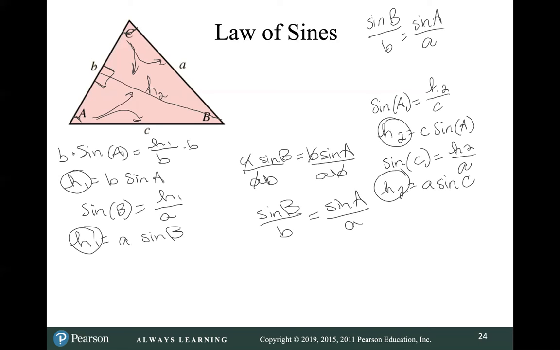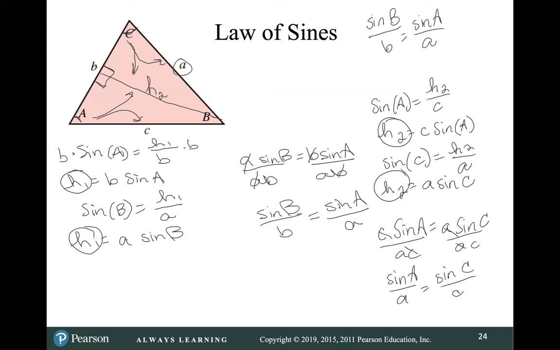Substitute H2. Then we get C times sine of A equals A times sine of C. Divide by AC. Then we get sine of A over A equals sine of C over C. Okay, well, this is the same triangle.